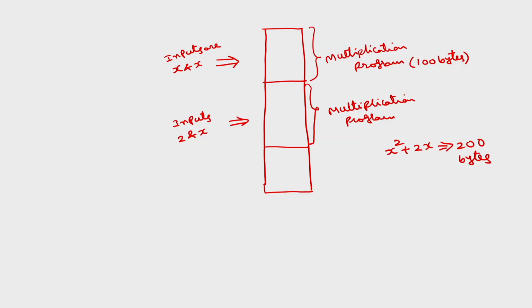Now, in the subroutine concept, this is my main program. In the main program, I will first initialize these two inputs. I will give the inputs x and x using some instructions.